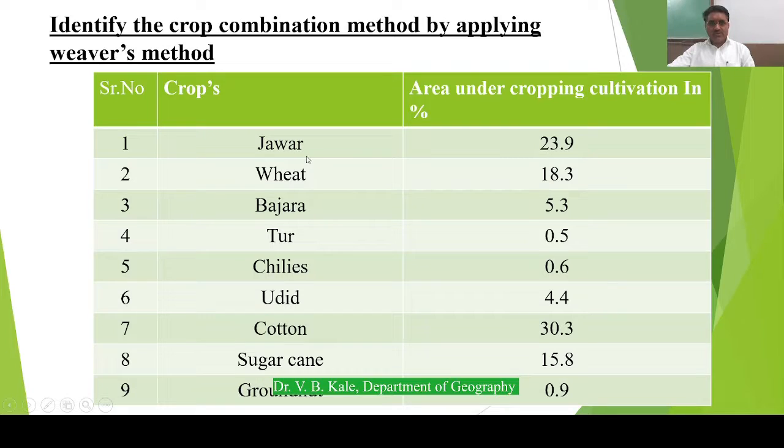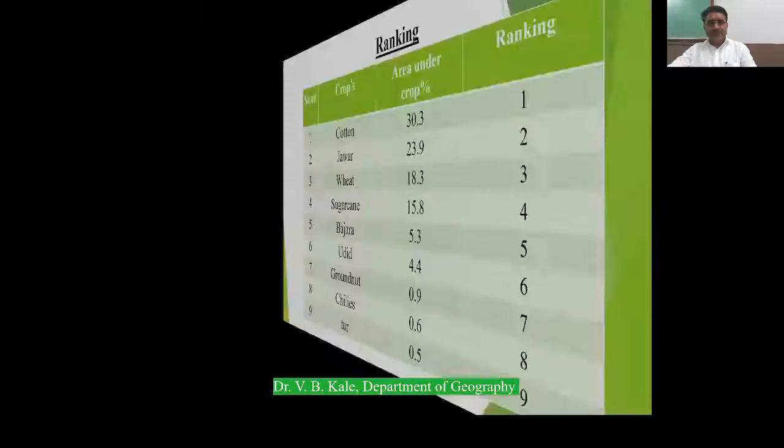So Jawar is having 23.9, and similarly there is a variation, and overall the percentage of all these crops is 100%. So whenever we have this data with us, then we can calculate how many crops can be combinedly grown. So let us see.